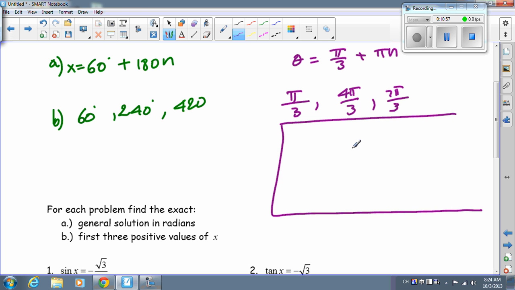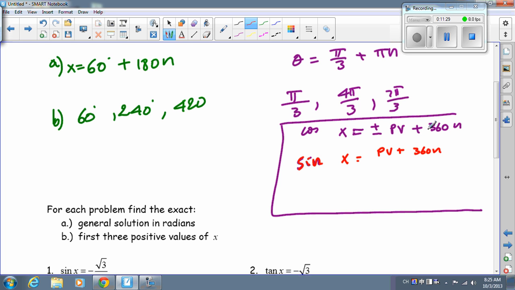If we're talking about cosine, x is equal to plus or minus the principal value plus 360n. If we're talking about sine, let's change colors, I would say x is equal to the principal value plus 360n.